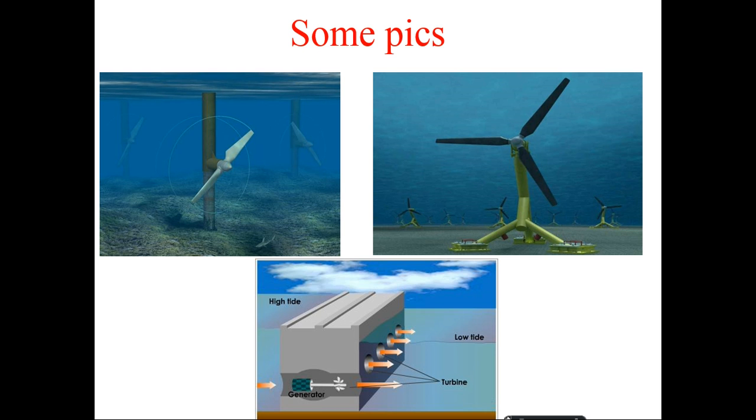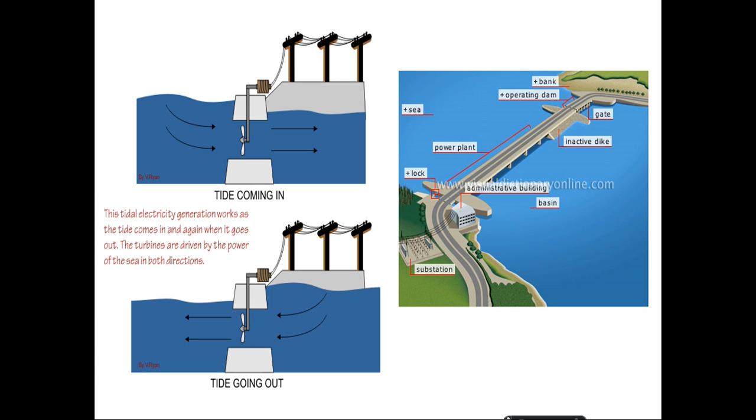These are some pictures of the tidal power generation, and this is the picture of wave power generation. This is an upcoming renewable technology. So in this session, I tried to cover the basic concept of tide and the topology of the basin scheme.